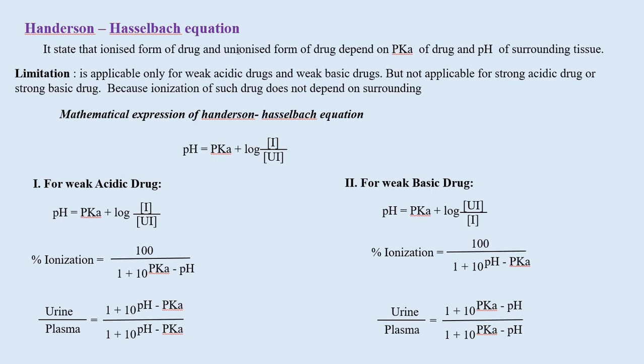Next, according to the Henderson-Hasselbalch equation, it gives an explanation for only two categories of drug. Because according to the pKa scale, we divided drugs into four categories: strong acidic drug, weak acidic drug, weak basic drug, and strong basic drug. But this equation is applicable only to weak acidic drug and weak basic drug, because their ionization or dissociation depends on the surrounding.